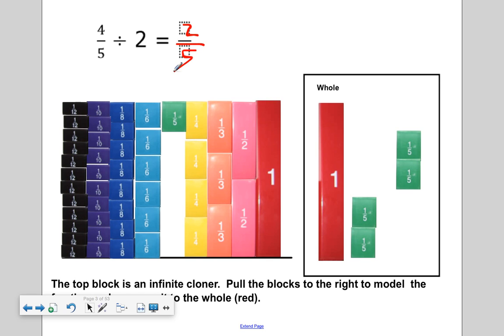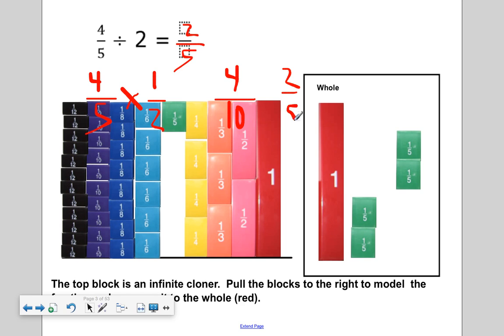Could I have gotten that another way? So I started with 4/5, as noted. I multiply by its reciprocal, which is 1/2, and you get 4/10. What does that simplify to? 2/5.